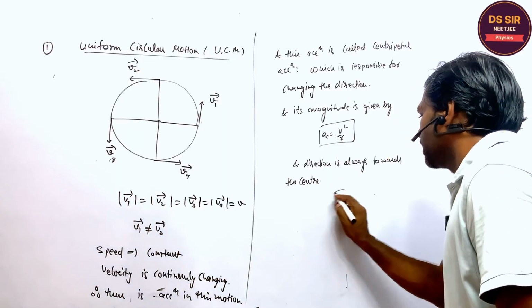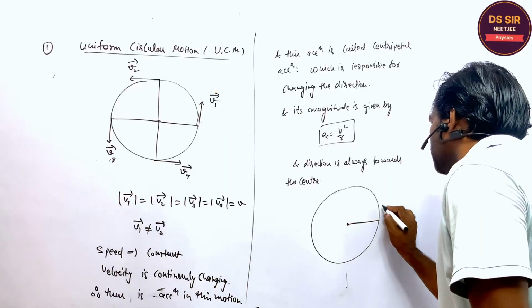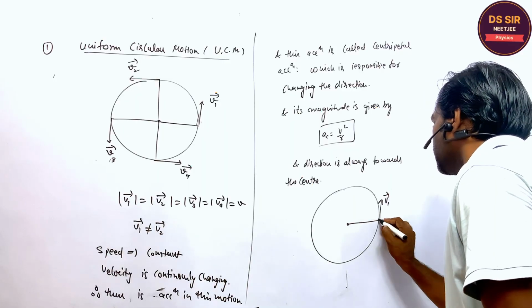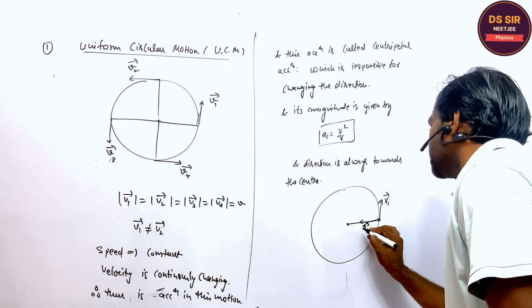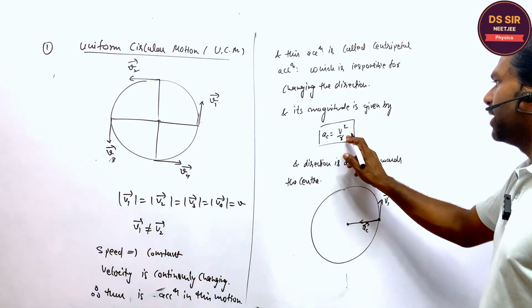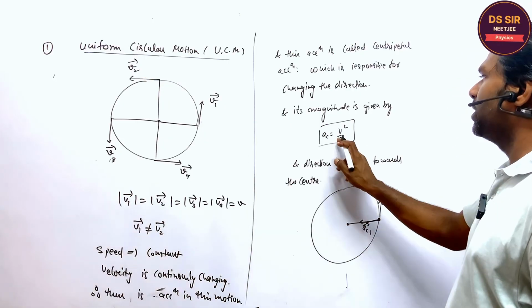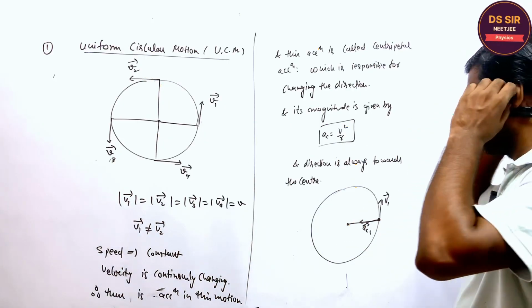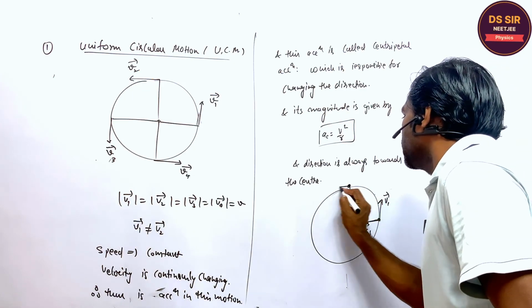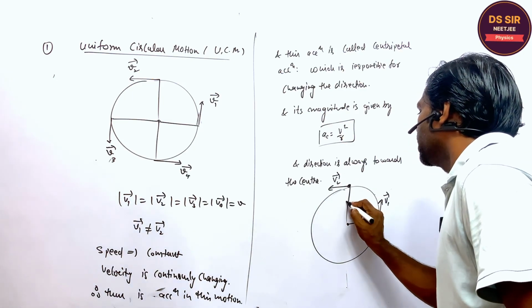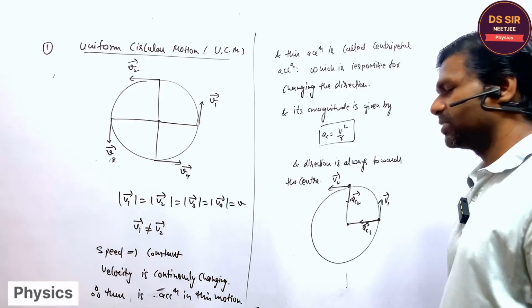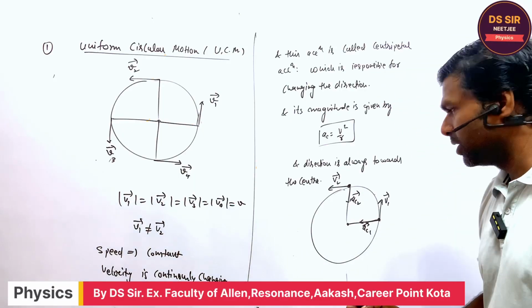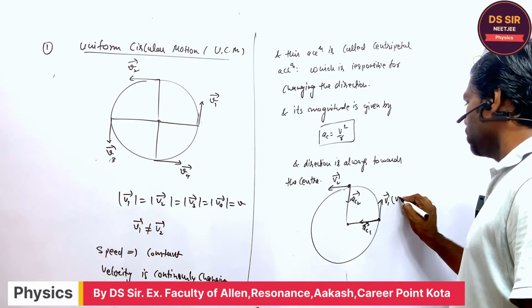Listen, one more thing. If a particle is moving in this way, suppose its velocity is v1, so here the centripetal acceleration will be toward the center, and its magnitude will be v1 square upon r. When it reaches this point, moving with velocity v2, its centripetal acceleration will be this. Suppose its magnitude is v.